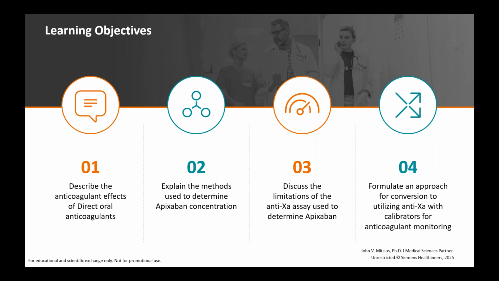We're going to explain the methods used to determine, for example, apixaban concentration or heparin concentration as well. We're going to discuss some of the limitations of the anti-10A assay, and also discuss how you would formulate an approach for the conversion or utilization of the anti-10A assay in your clinical practice, and really how to start that conversation with your clinicians and pharmacy.